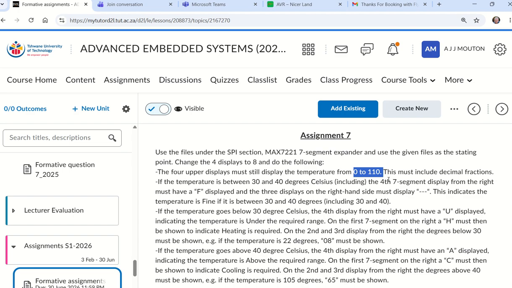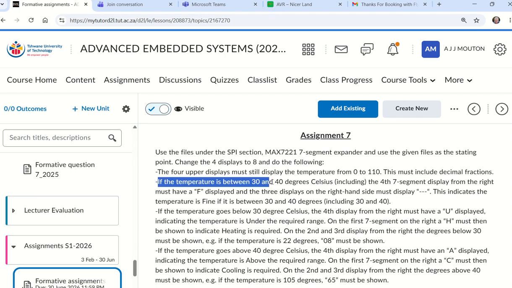So I'm going to relate something to a 4-digit value of 1100, but the last digit is actually going to represent a comma, a fraction. So just keep that in mind. As I've said here, this must include decimal fractions.